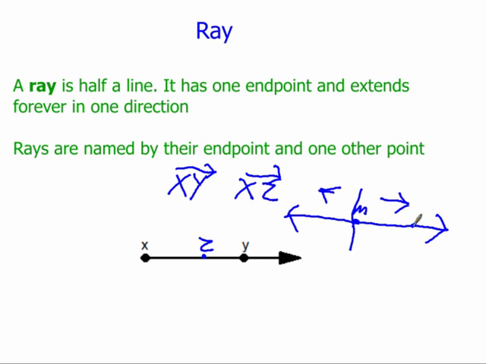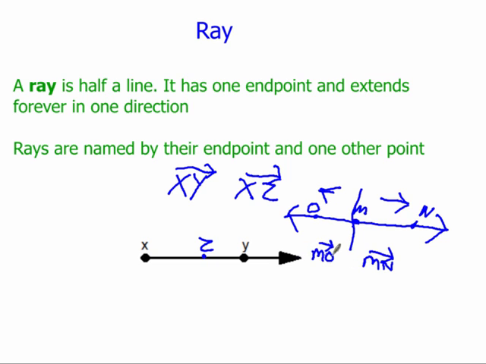Say I put this point here and I call it N. I put this point here and I call it O. Okay, then I've got ray MN. That's one half of the line. And then I've got ray MO. That's the other half of the line.